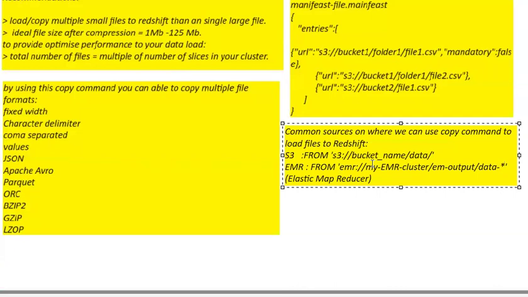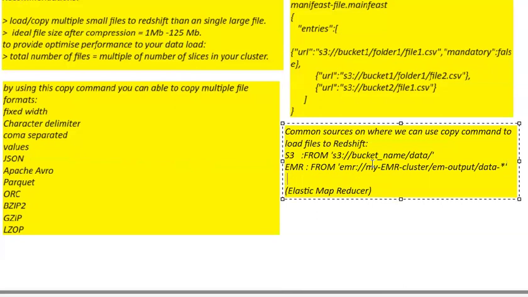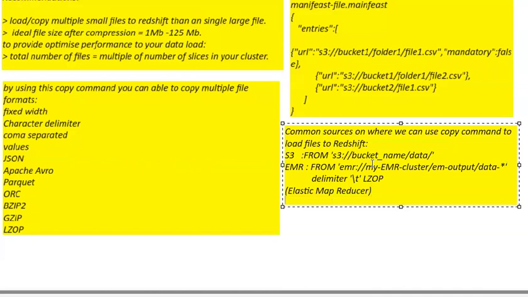You also need to provide a delimiter here, to provide a tab space between your data, and your data will be in LZOP format. So that's why you need to provide LZOP as well.